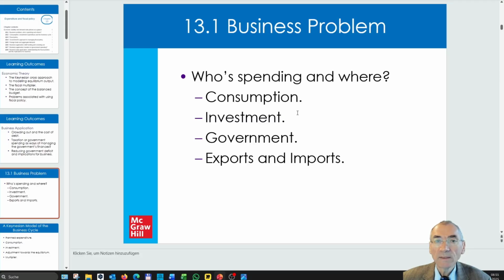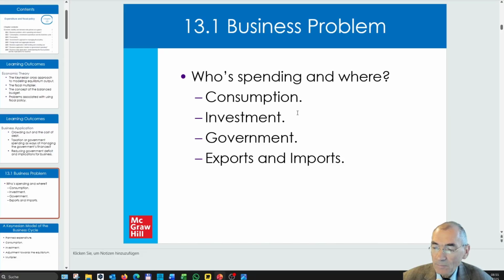So who's spending and where? With this, we come at the end back to what we called the expenditure method of calculating the GDP. And we hopefully recall Y equals C plus I plus G plus X minus M, plus the balance of international trade.